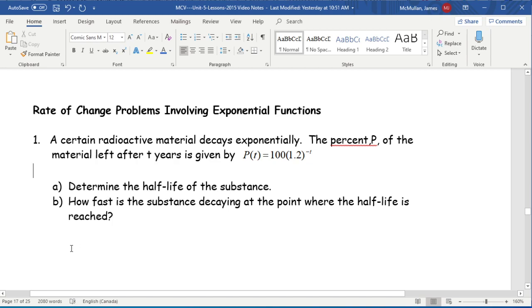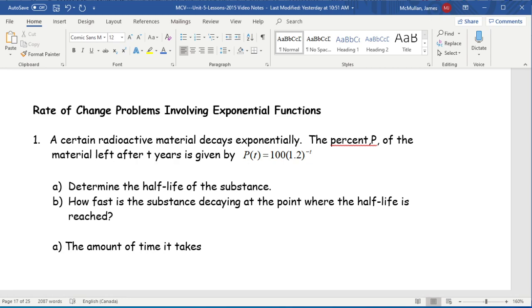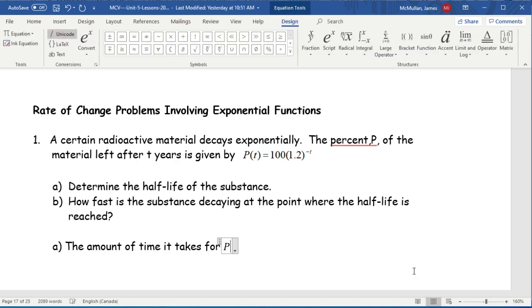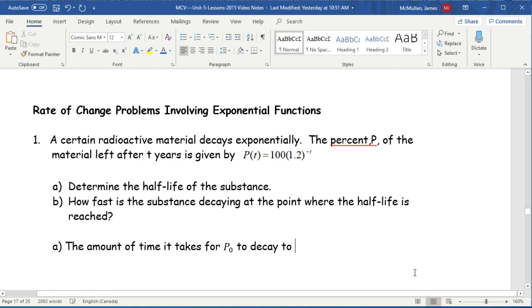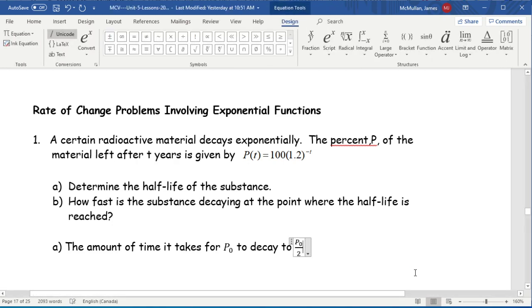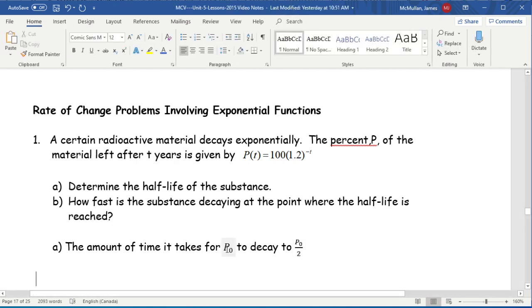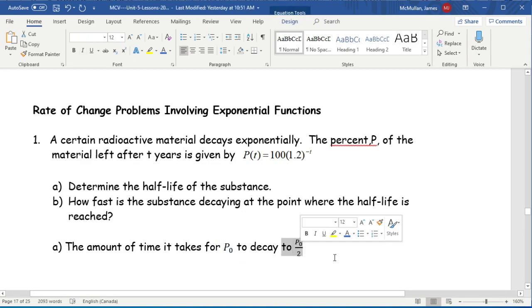So the half-life of the substance would be the amount of time it takes for P of 0 to decay to P of 0 over 2. Like, how much did you start with, and how long does it take to get to half of that?